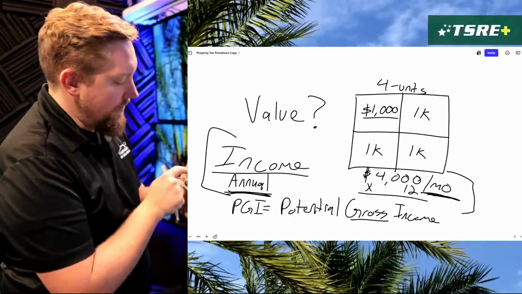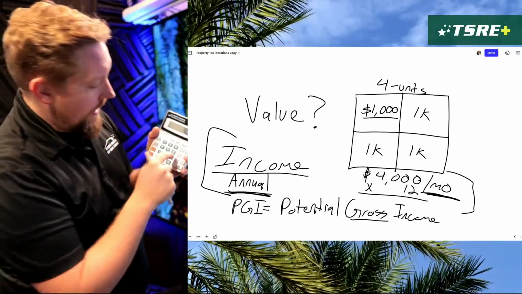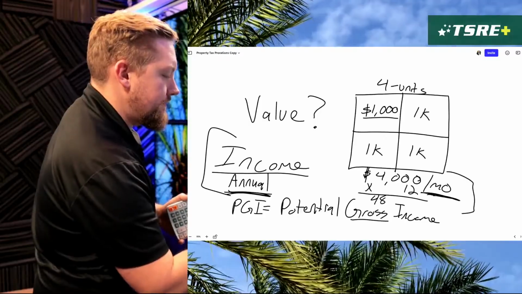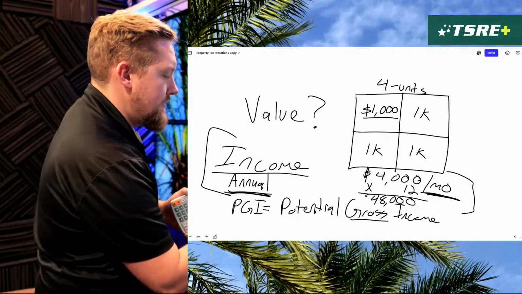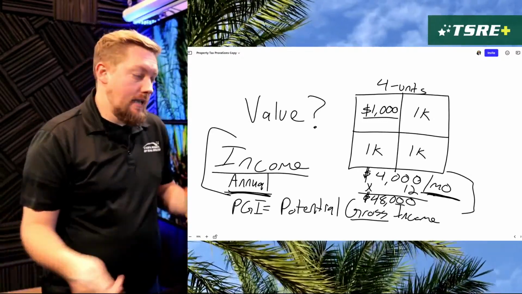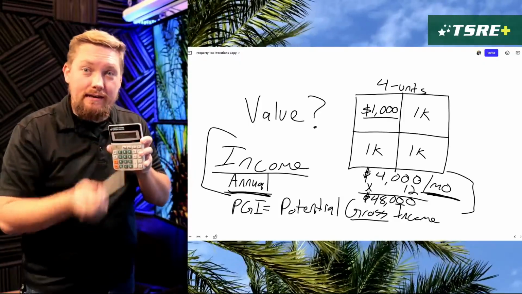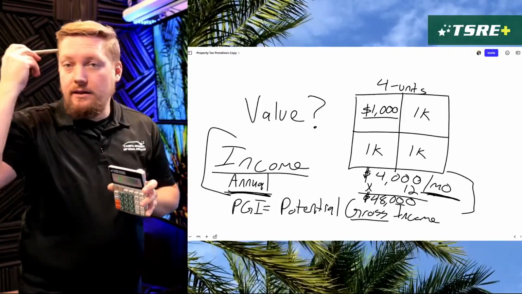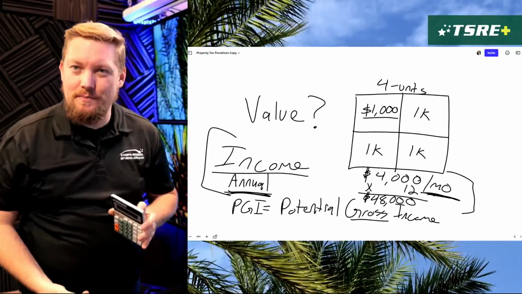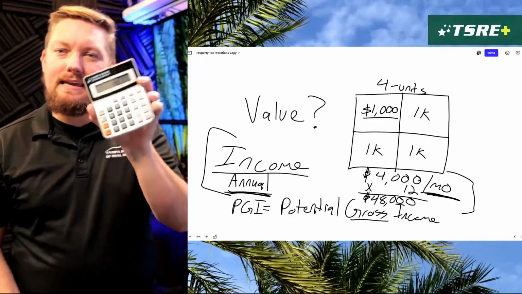We take 4,000, and you're allowed to use a calculator on your exam. 4,000 times 12, you're going to get $48,000. Simple as that. The calculations you actually have to do for the exam are that. And you could probably do this calculation without a calculator, but you're already going to be racking your brain enough on the exam. No need to add the extra stress of having to do this math manually. So that's why you could use a calculator very similar to this one on the exam.